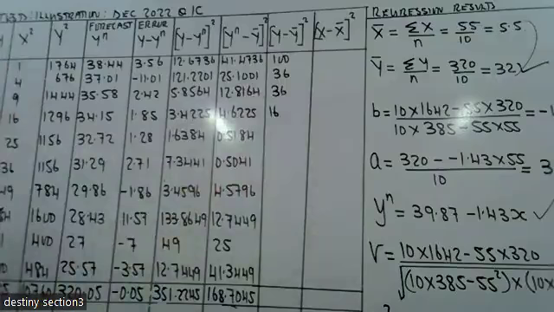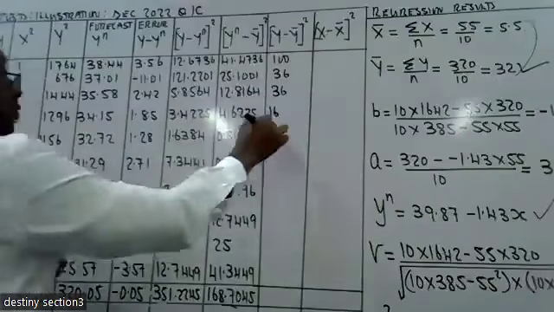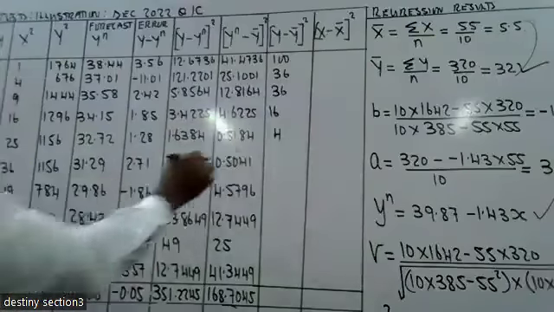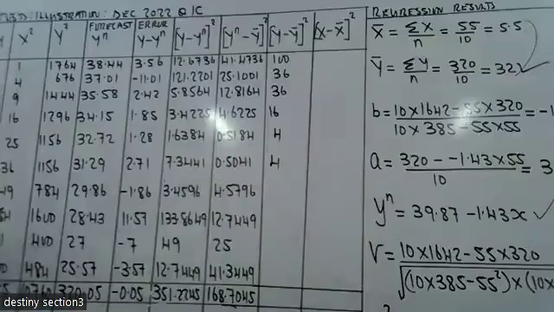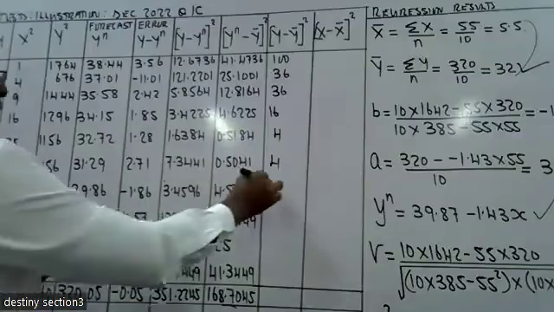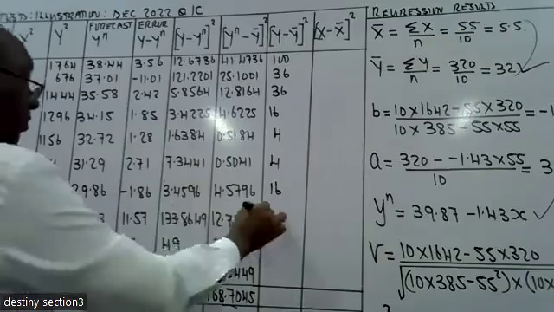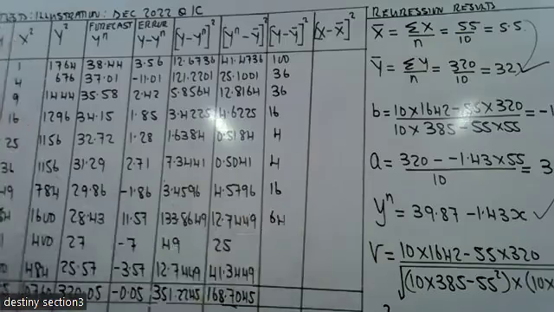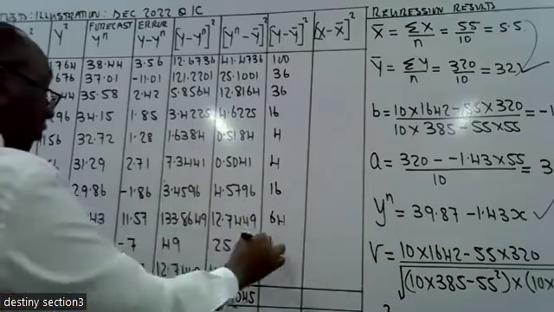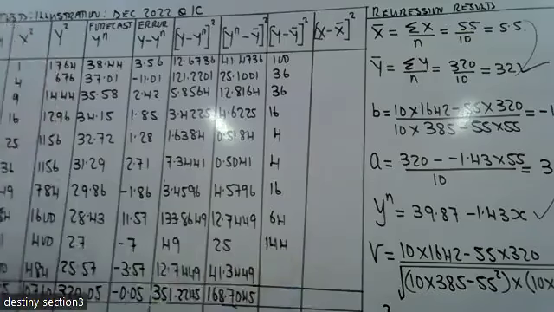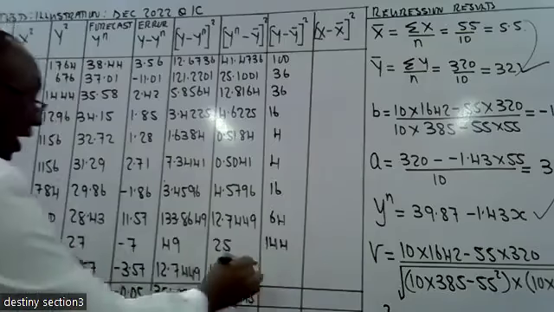34 minus that 2, you square. That is 4. This is also 4 because they are similar. 28 minus that 2, you square. That is 16. 40 minus that 2, you square, you get 64. 20 minus that 2, you square, you get 144. 22 minus that 2, you square, you get 100.